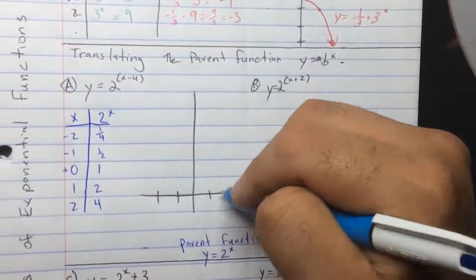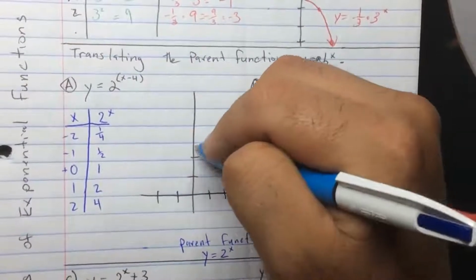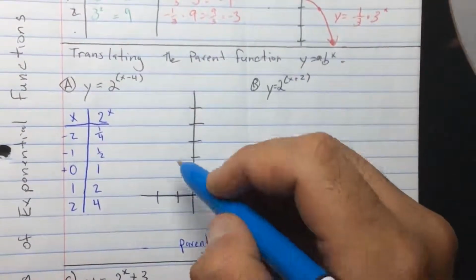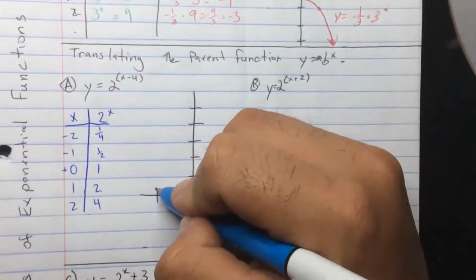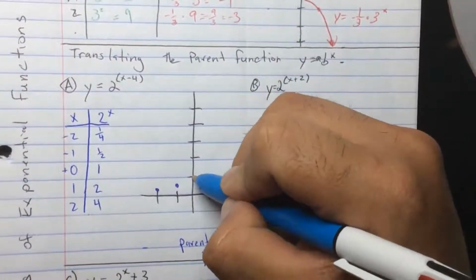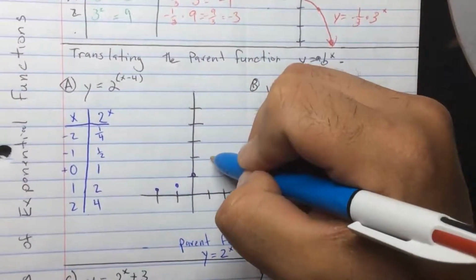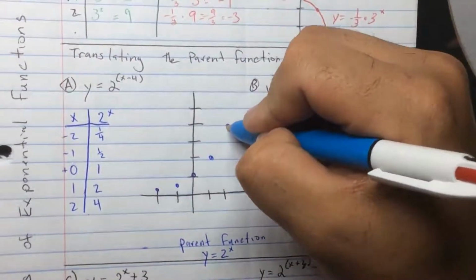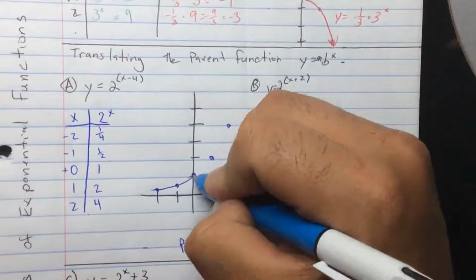Alright, so our parent function we'll do in blue since we did this in blue. So at -2, it's at 1/4. At -1, it's at 1/2. 0, 1, 1, 2, and then 2, 4. So this is our nice parent function that we have.